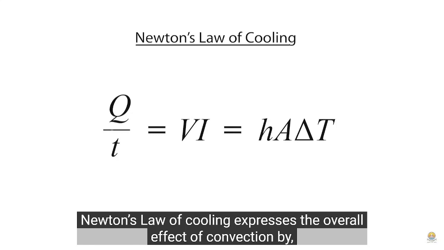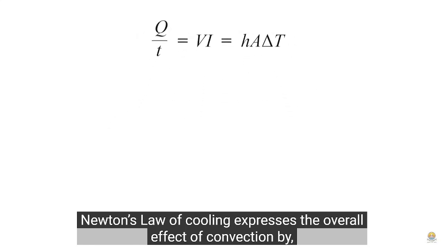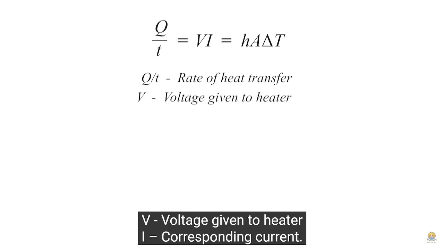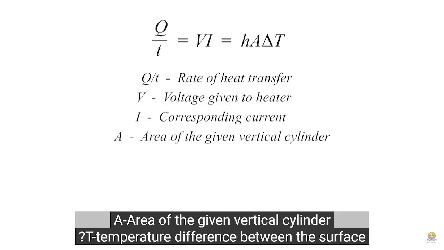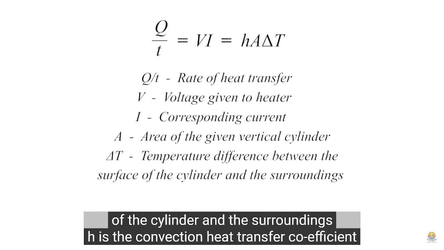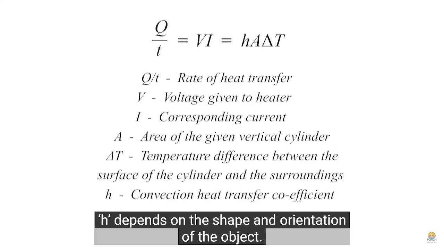= hA delta T, where Q/t is the rate of heat transfer, V is the voltage given to the heater, I is the corresponding current, A is the area of the given vertical cylinder, delta T is the temperature difference between the surface of the cylinder and the surroundings, and h is the convection heat transfer coefficient. h depends on the shape and the orientation of the object.